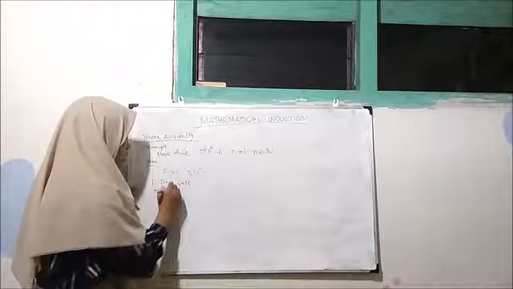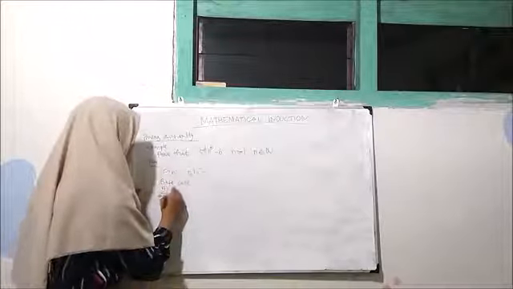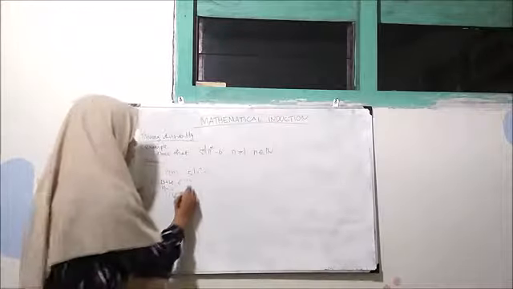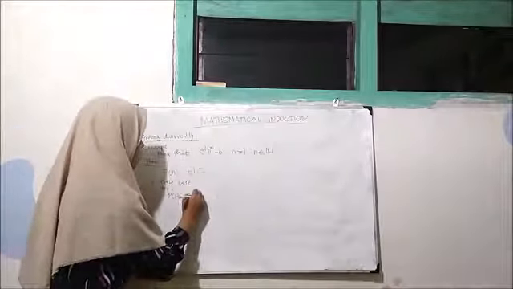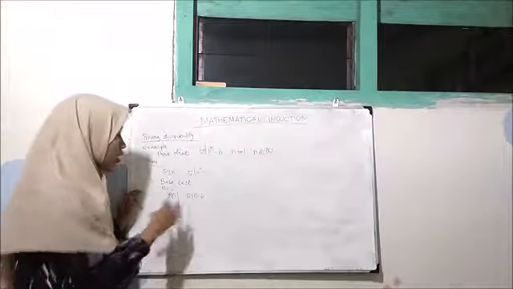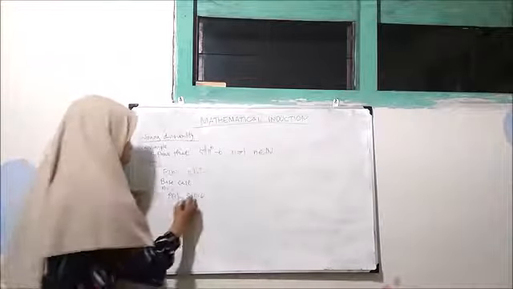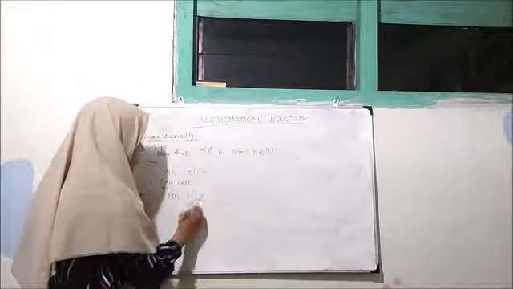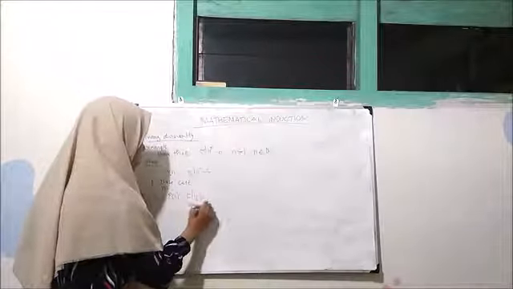We use n equal to 1. N is equal to 1, so P1 is 5 divides 11 minus 6. 5 divides 11 minus 6 means that 5 divides 5. It is true.